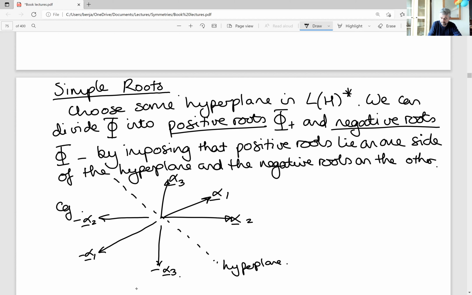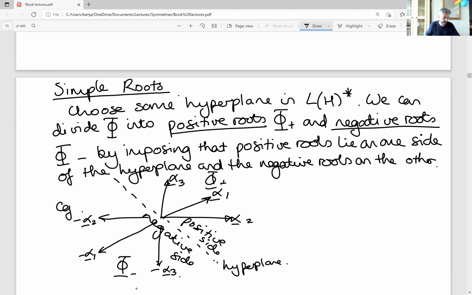So we have the positive side of the hyperplane and the negative side. Okay, good.